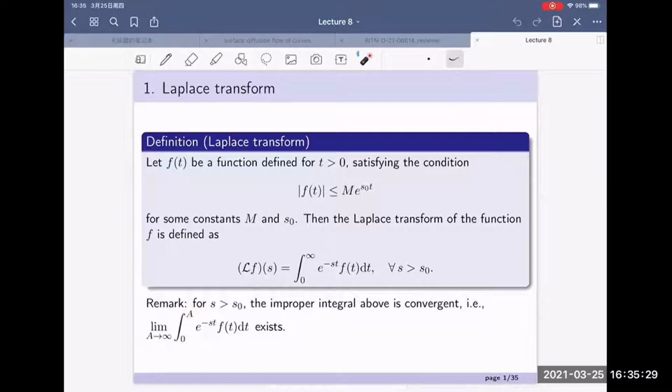This is well defined. And then you let this finite number tend to infinity. What you get is called the integral from 0 to infinity. So this is your Laplace transform. A given function, the integral gives you another function of s. Okay.